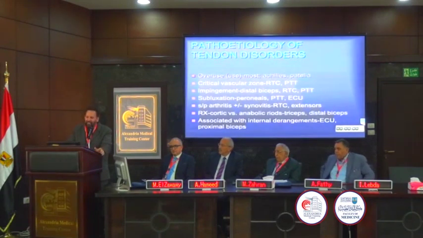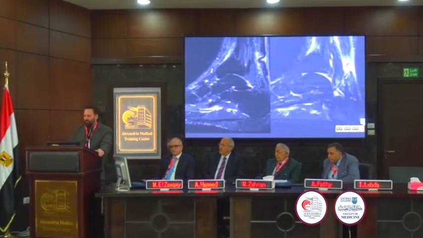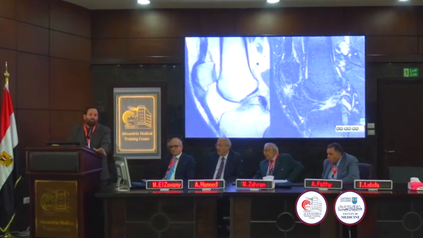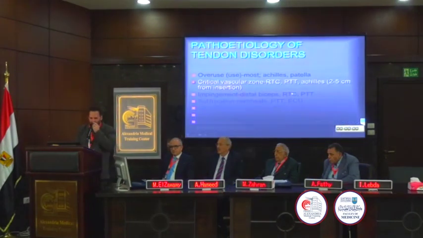So that's Achilles tendon tears, patella tendon tears. So here are two Achilles tendon tears, use or overuse. Patella tendon tear, jumper's knee, women basketball player. We see thickening, reactive marrow edema, internal signal, overuse, most common cause of tendon disorder.